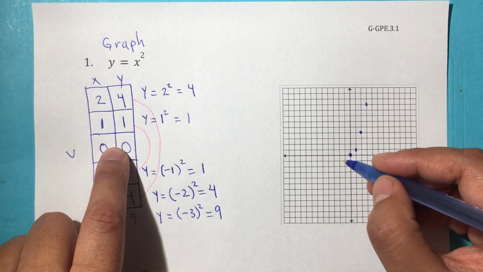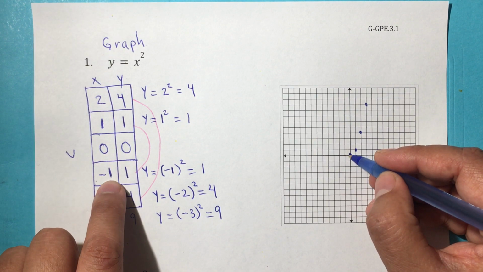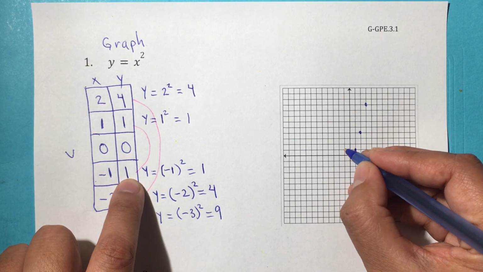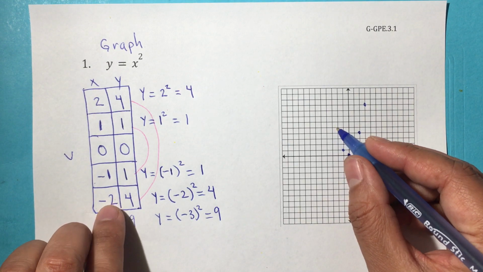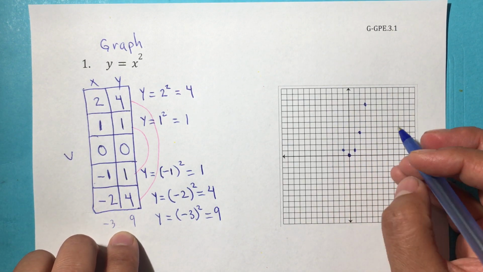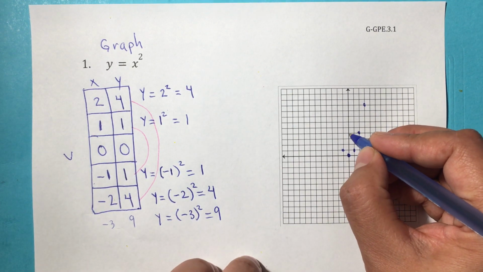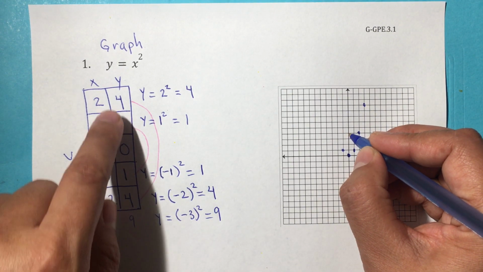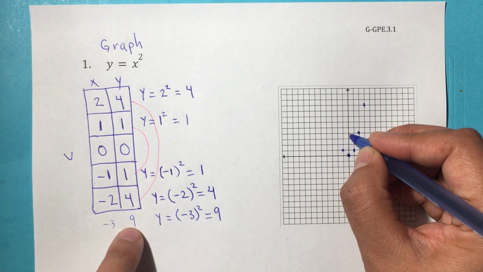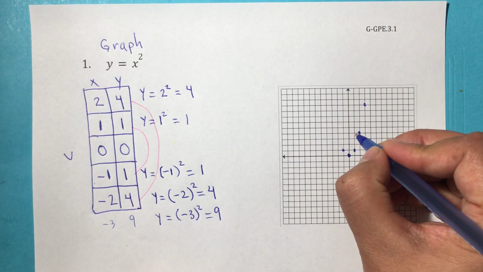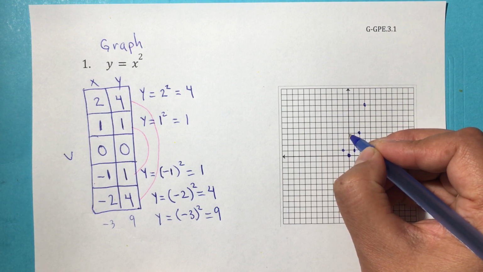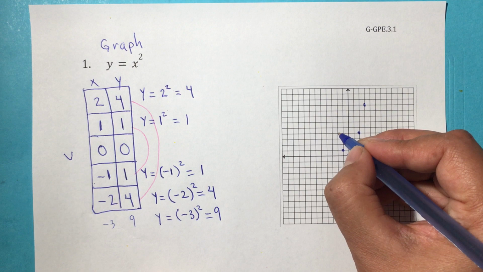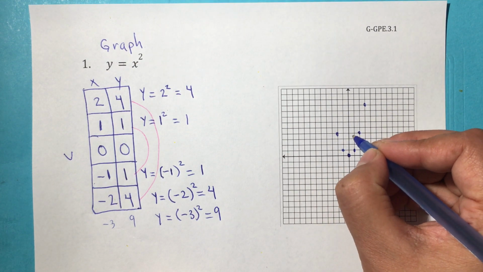And now to the other side of the vertex, negative 1, 1. And down here, you can count negative 2, positive 4, and negative 3, positive 9. But you can also just see that it's going to be a reflection because 4, 4, and 9, 9. Okay, so if this point is 2 spaces away from the line of symmetry, you can just go 2 spaces to the left.